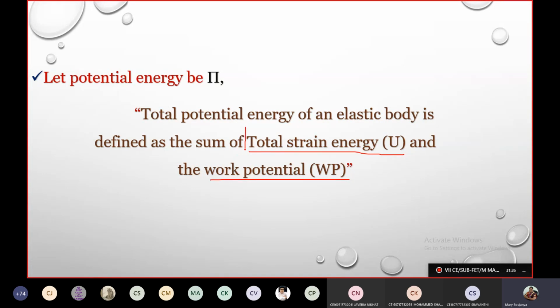I hope you understand the capacity that is happening inside the body. We are calling that strain energy stored in the body. Or the resistance that is offered by the body, we are calling that strain energy, which is internal. When it is about the work done due to the external forces, that is work potential.